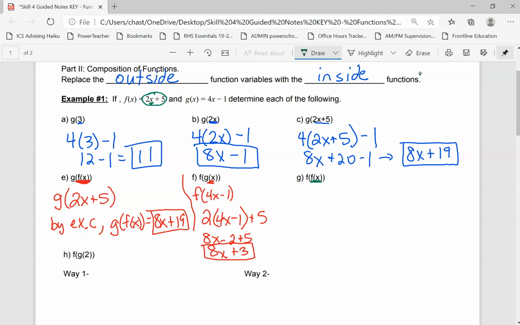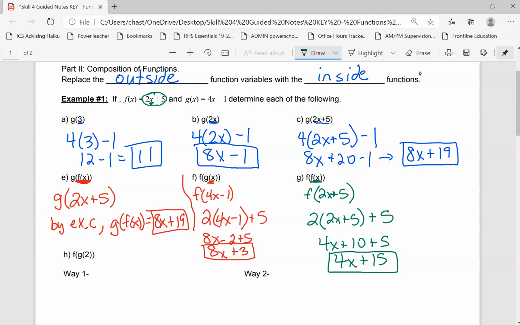So we're really finding f of 2x plus 5. When I replace the x of the f of x function with 2x plus 5, distributing, we get 4x plus 10 plus 5, which gives us 4x plus 15.